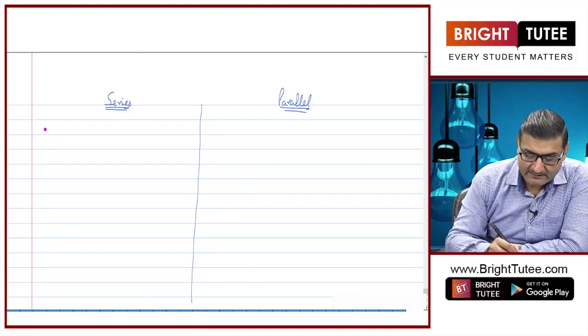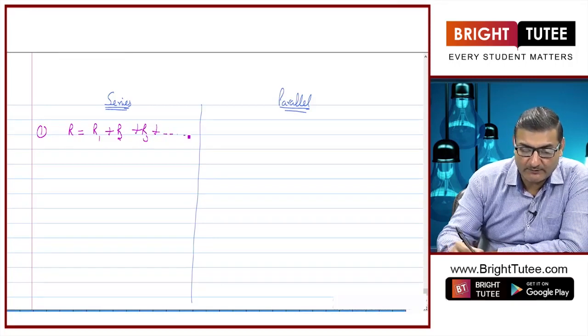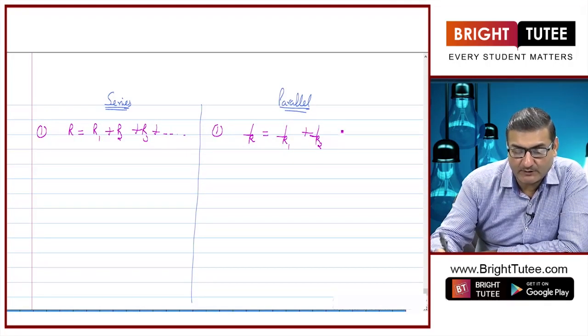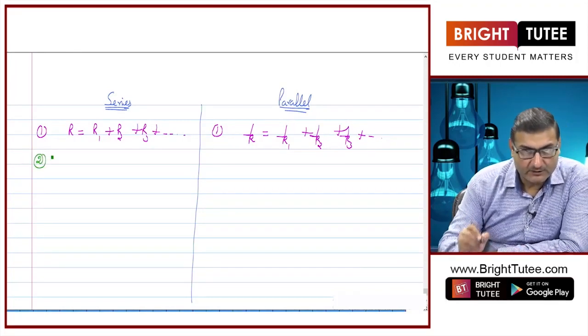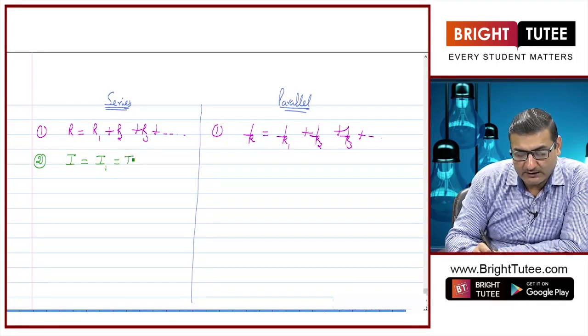In series, the first thing is total resistance is calculated by the formula R1 plus R2 plus R3 and so on, whereas in parallel, 1 upon R is equal to 1 upon R1 plus 1 upon R2 plus 1 upon R3 and so on. Now in series, quite importantly, the current is the same as the individual currents.